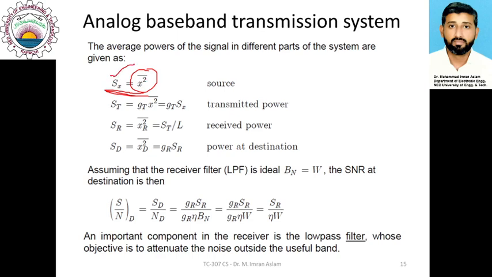So sx is actually x square, whereas the transmitted power would be represented by the gain times this source power, which is gt into sx, or gt into x square bar. So this is actually the transmitted power that will be transmitted from the system.